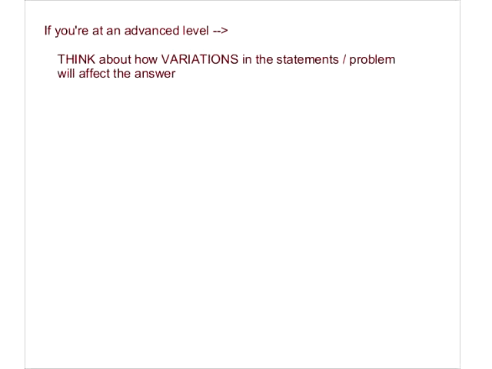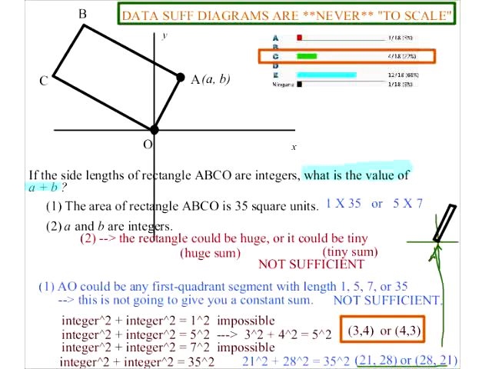Like for instance, in this last problem, this Pythagorean triple worked out in two ways, but quadrants and stuff. You could tweak these statements so that, you know, maybe 30, instead of 35, it could be 36.